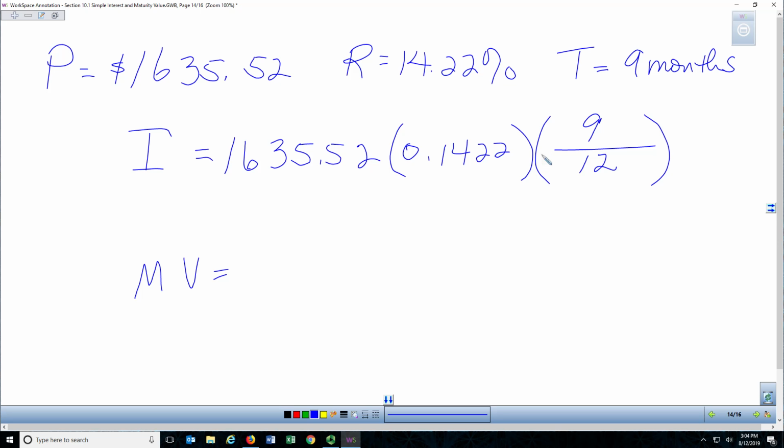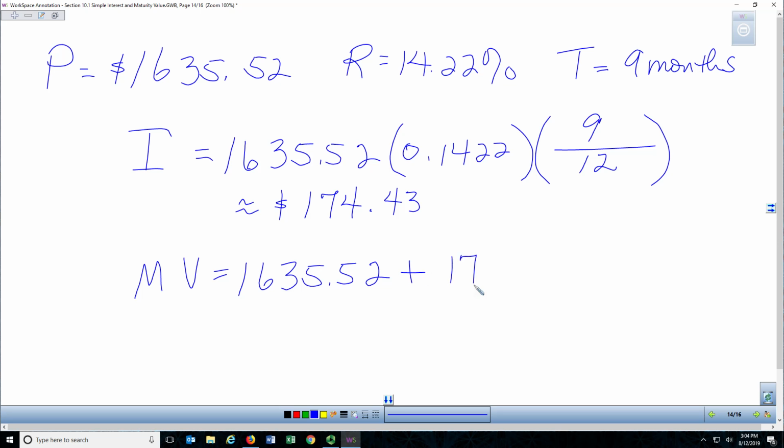So 1635.52 times 0.1422 times 9 over 12, which gives me about, when I round to the nearest cent, $174.43.